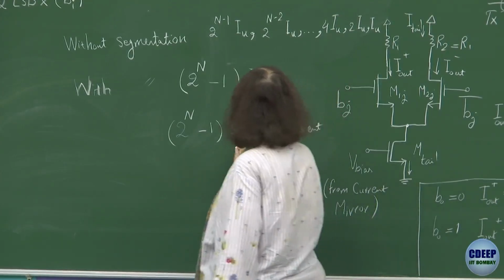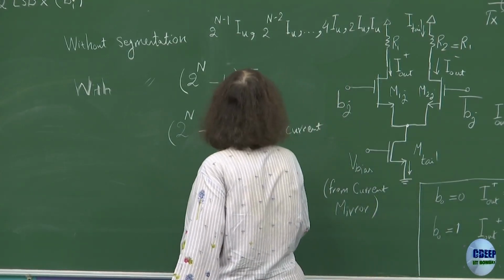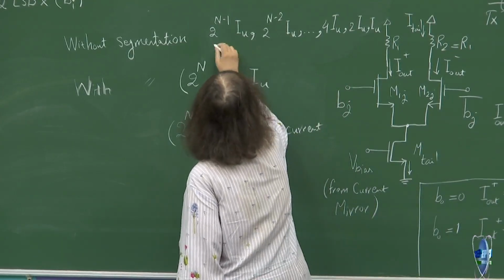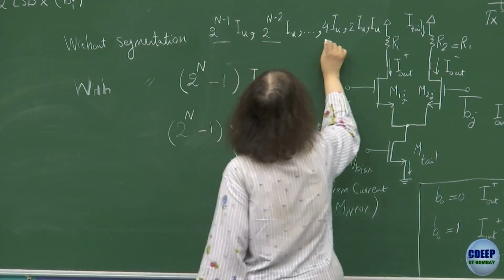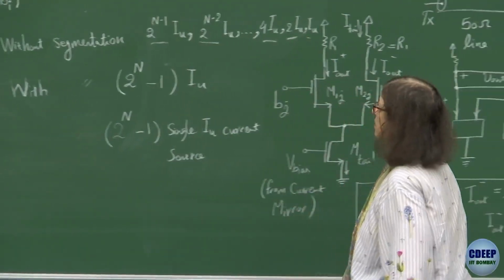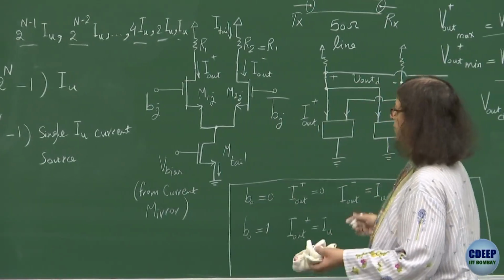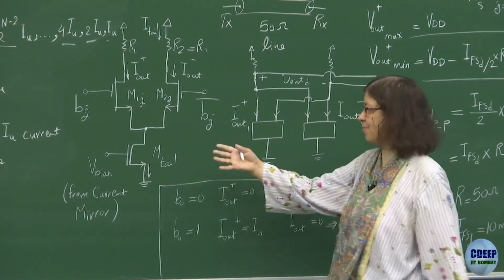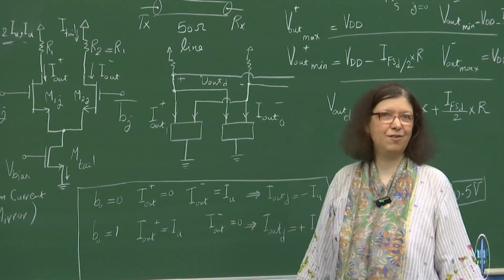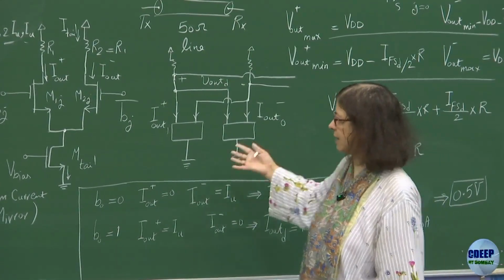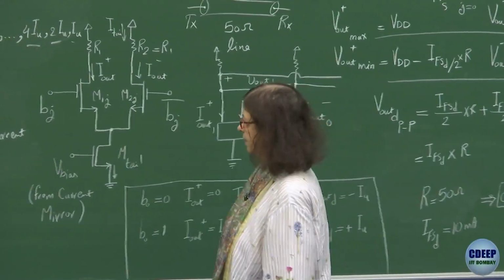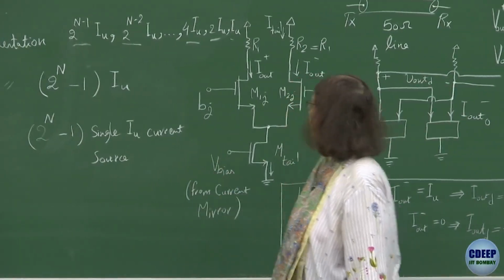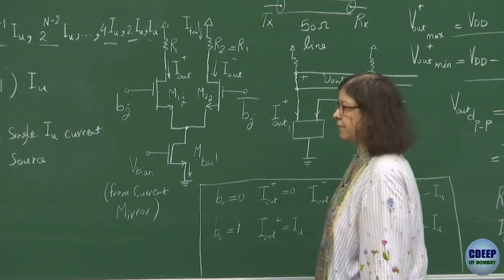Therefore, instead of having tail current sources with these ratios, these weights, and changing the aspect ratio of the tail, now all tail current sources will have the same aspect ratio, say W upon L. And therefore the number, of course, will change.